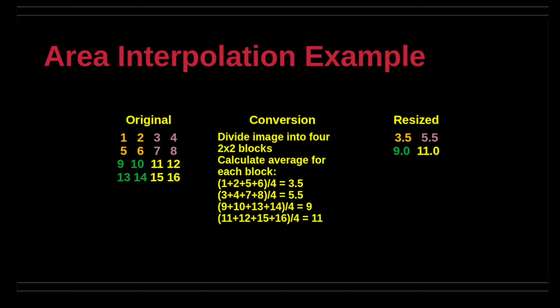Top right block is (3 + 4 + 7 + 8) / 4 = 5.5. Bottom left block is (9 + 10 + 13 + 14) / 4 = 9. Bottom right block is (11 + 12 + 15 + 16) / 4 = 11. The downscaled image is shown in the right column under the header resized.